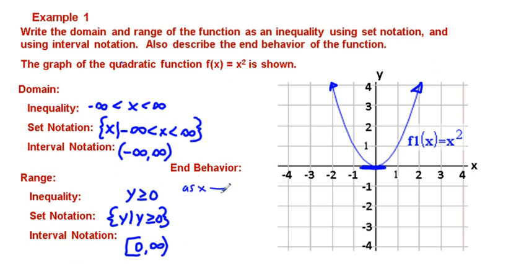This arrow means as x approaches positive infinity, y goes up toward infinity also. And instead of y, we're going to say f of x.